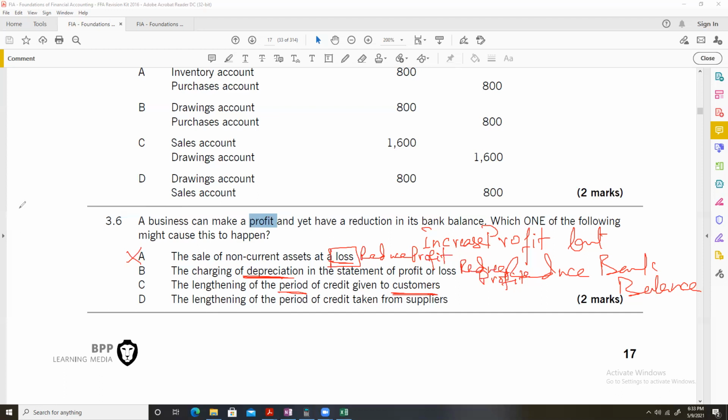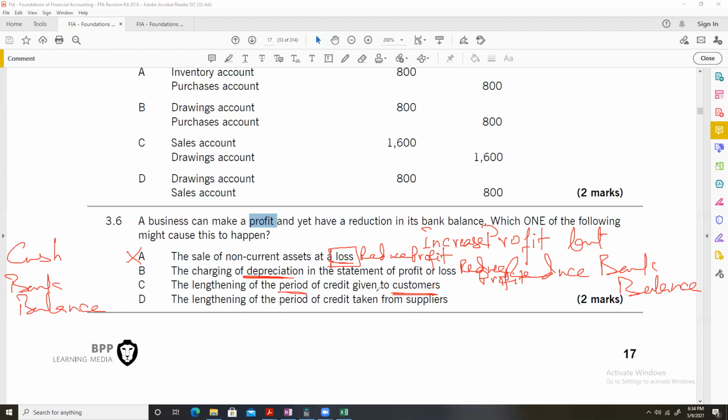They will have more time to pay cash, so they will pay at a later time. So what will happen to your cash balance or your bank balance?